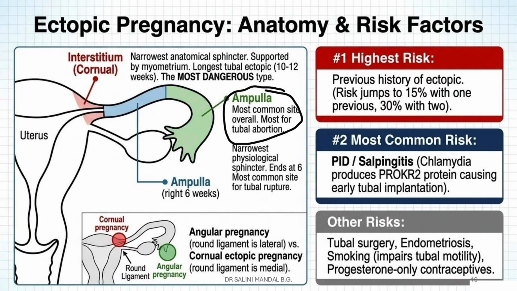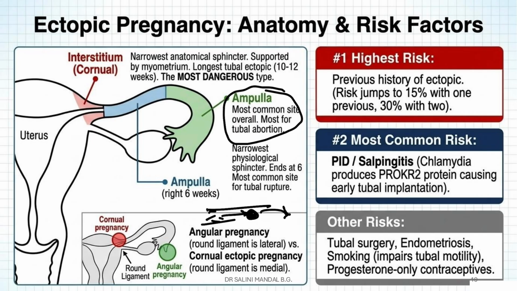It can occur at the narrowest anatomical sphincter, that is the interstitium, or the cornua. Okay, so basically what happens is the tube, if at all it is longer, the cilia, even though trying to push the fertilized zygote, the morula and all that, inside the uterine cavity, still does not reach.